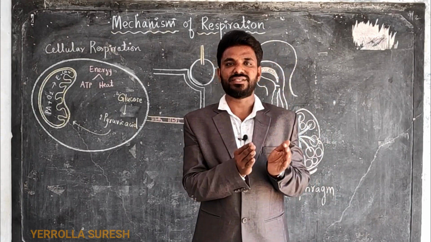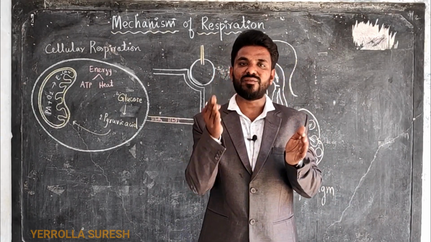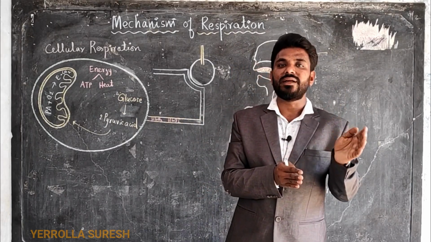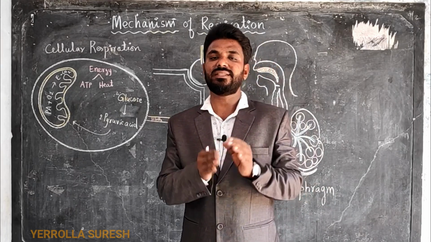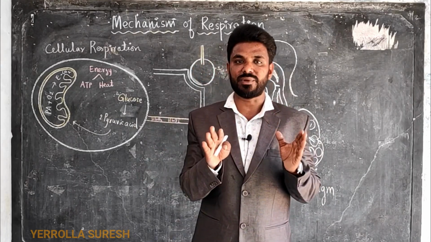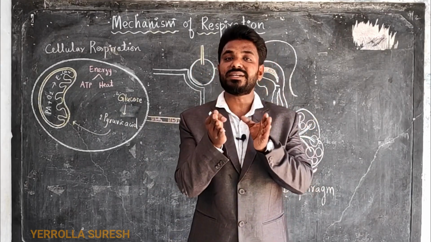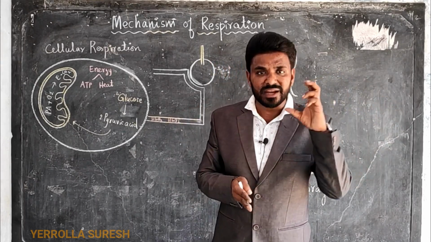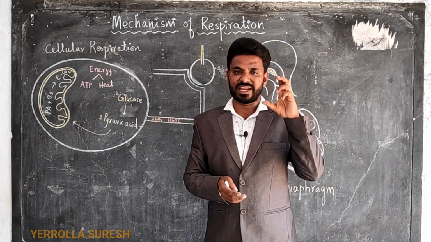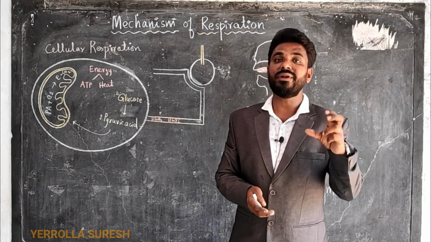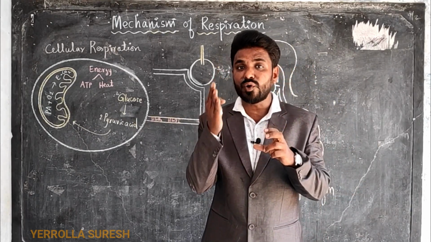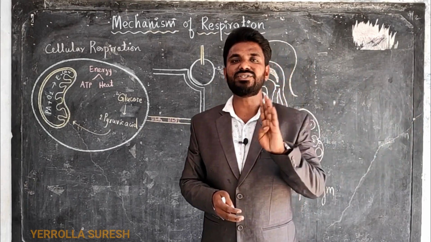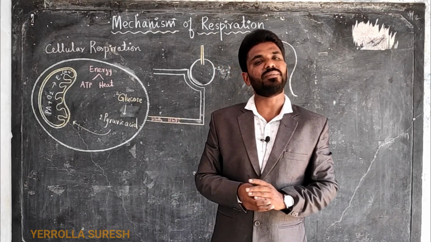After the exchange of gases, oxygen from the alveolus is transported into the blood and carbon dioxide from blood is transported into the alveolus. Like this, exchange of gases gets completed, and after that, the oxygen taken by hemoglobin is transported to all body parts by blood vessels. That means hemoglobin transports oxygen from alveoli to all the tissues. So this is the third step, transportation of gases by blood.